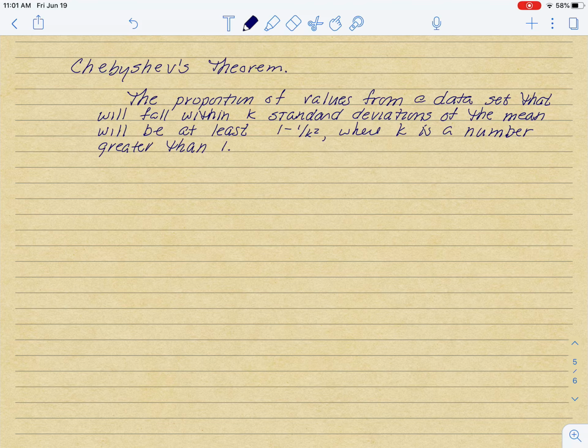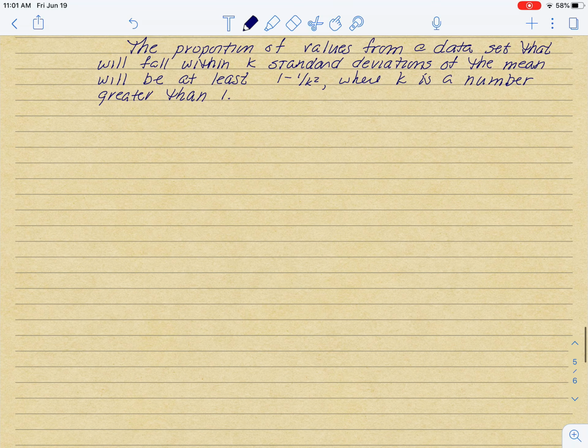So the first thing that we want to look at is what if k, the number of standard deviations away from the mean, is equal to 2. So we're talking about the proportion of values of data that fall within 2 standard deviations of the mean.